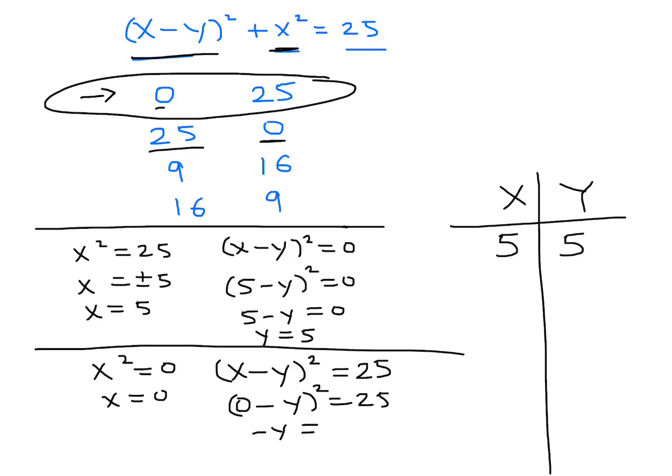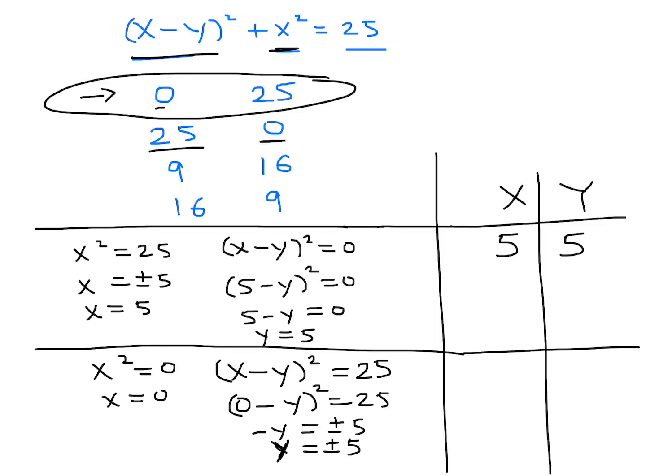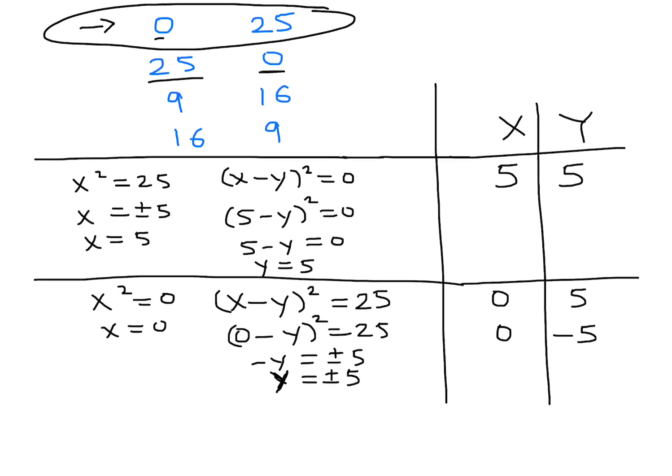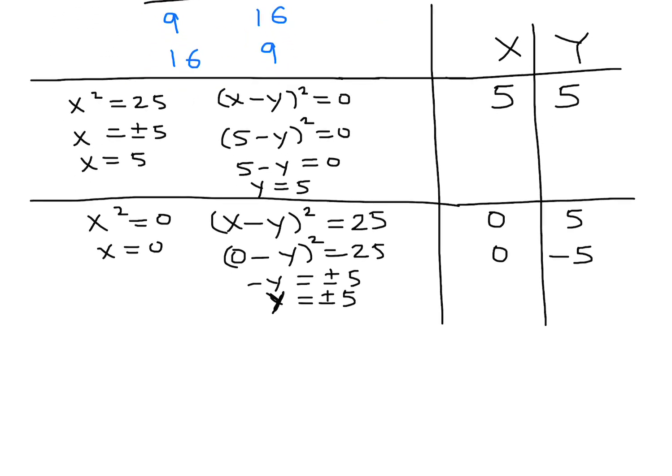Minus y is equal to plus or minus 5. Y is equal to plus or minus 5. So now, with this one, we get solutions of 0, 5, and 0, negative 5. Okay? Now let's move forward to the next one.